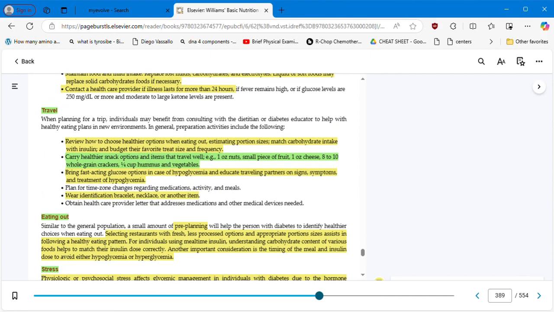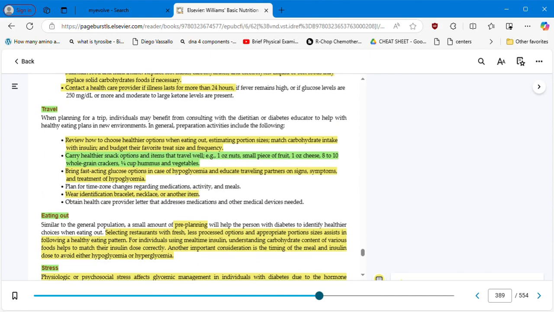In terms of traveling, the patient needs to review how to choose healthy options. That's why education is so important, to let the patient select the food, be able to master the knowledge to choose what he's going to eat in different countries.